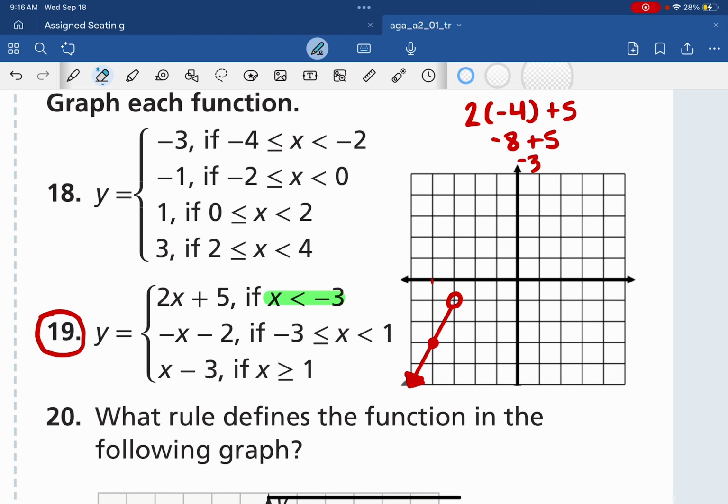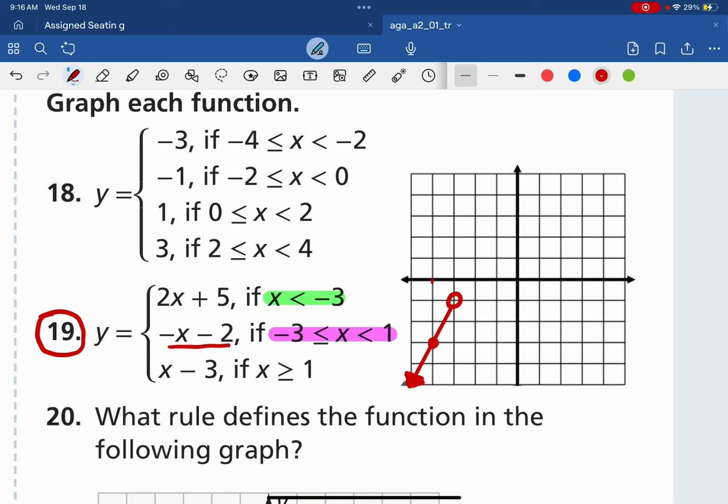Okay, we're going to move on to piece 2. Piece 2 is true from -3 to 1. So from -3 to 1, this is the rule that my function follows. So let me figure out what it is at -3.